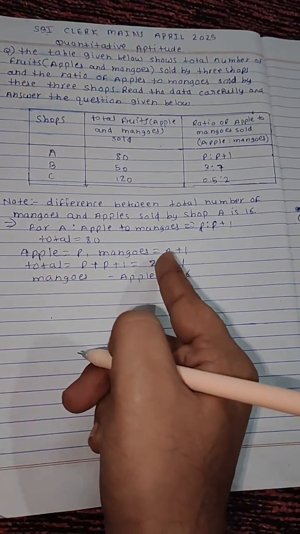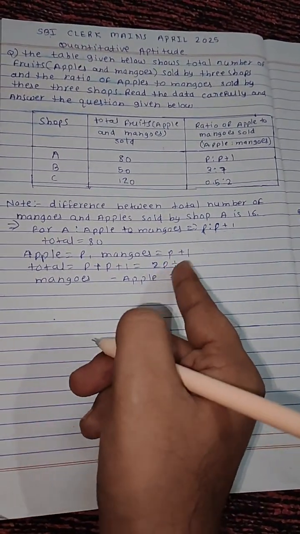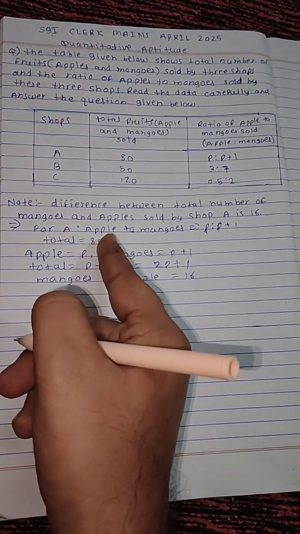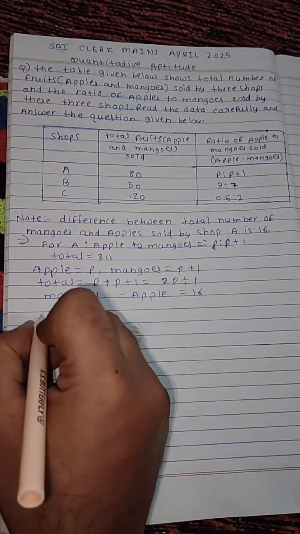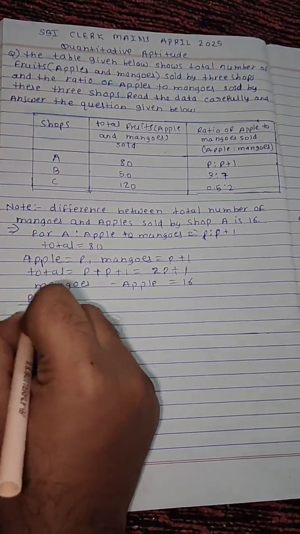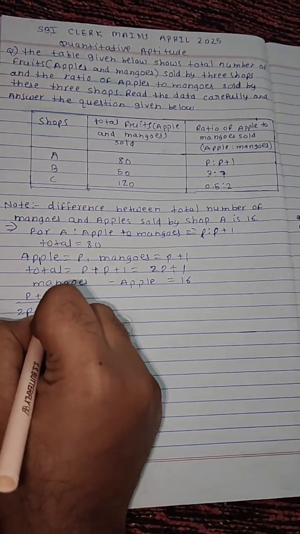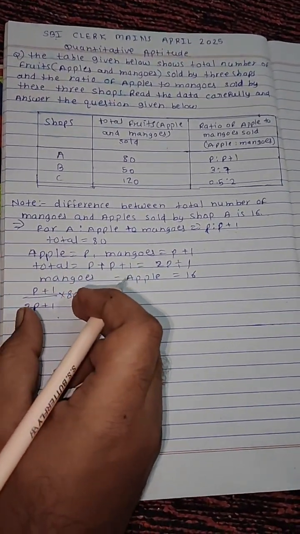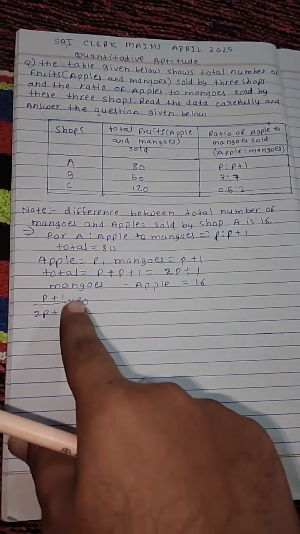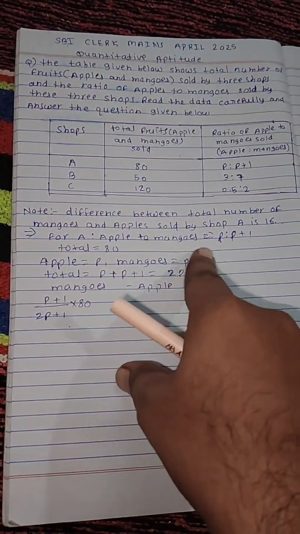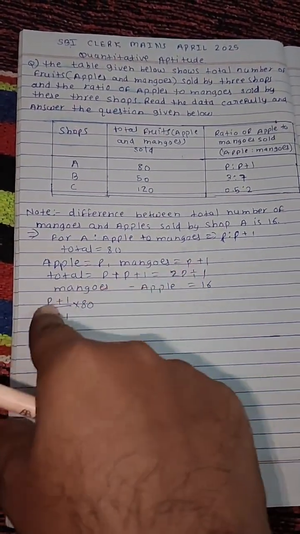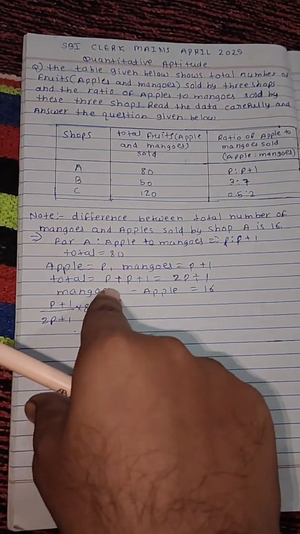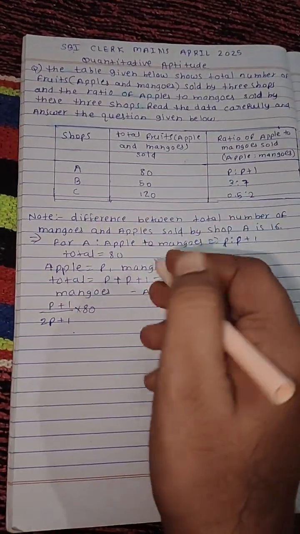Mangoes is P plus 1 divided by the total, into the total number sold. So for mangoes we can write P plus 1 divided by 2P plus 1 into 80. This is the quantity of mangoes.